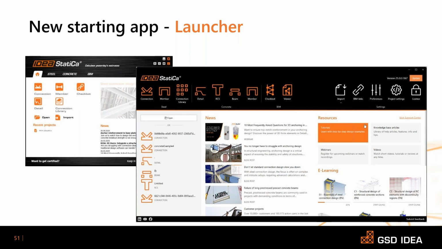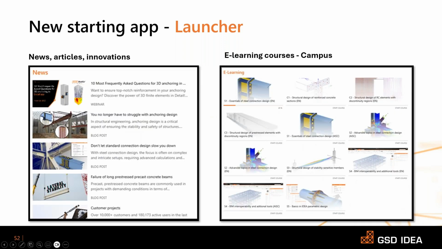So once you install version 25, you will immediately notice one major change, that is the updated launcher application. This is the first thing that opens when you double click on the StatiCa icon. Previously it was on the left-hand side; now it is a more enriched launcher application with better visibility of everything, more details, more overview of your e-learning campus progress.